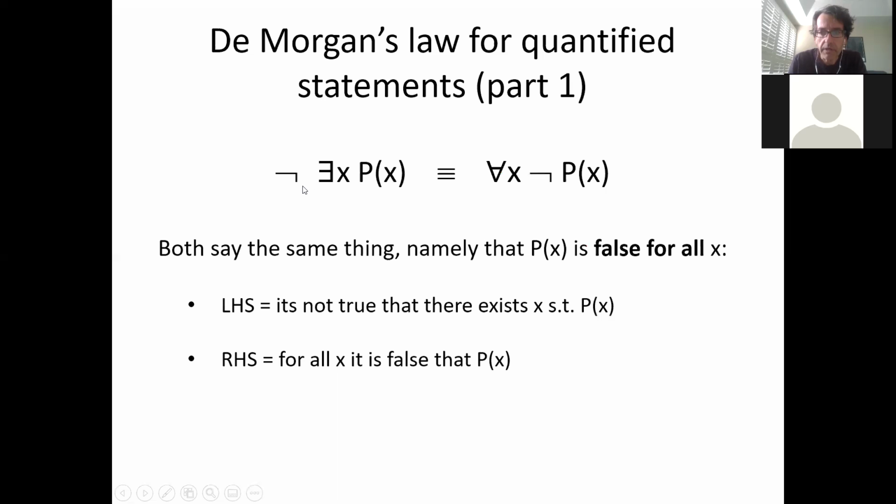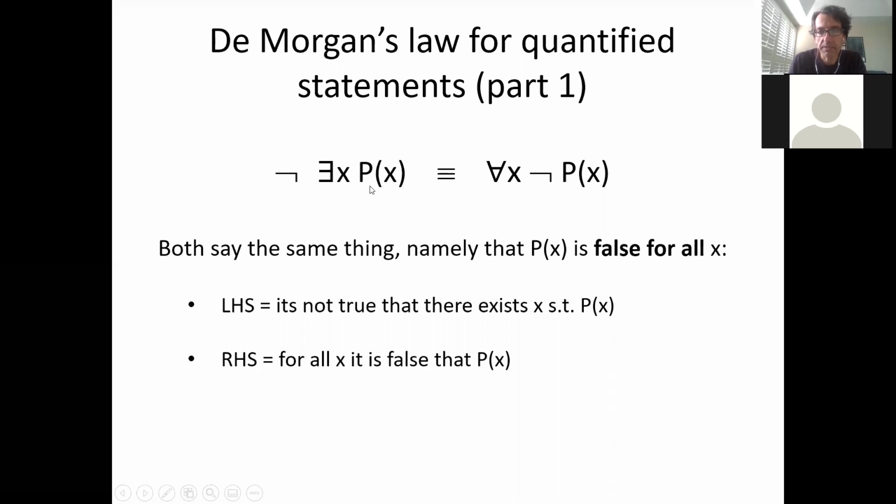What happens if I negate an existentially quantified expression? So I say it's not true that there exists X which satisfies predicate P. Well, it is the same as saying that for all X's, predicate P at X is false, right?